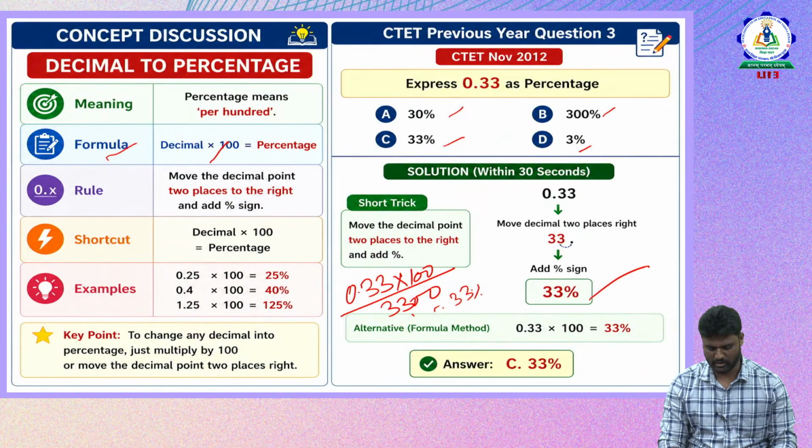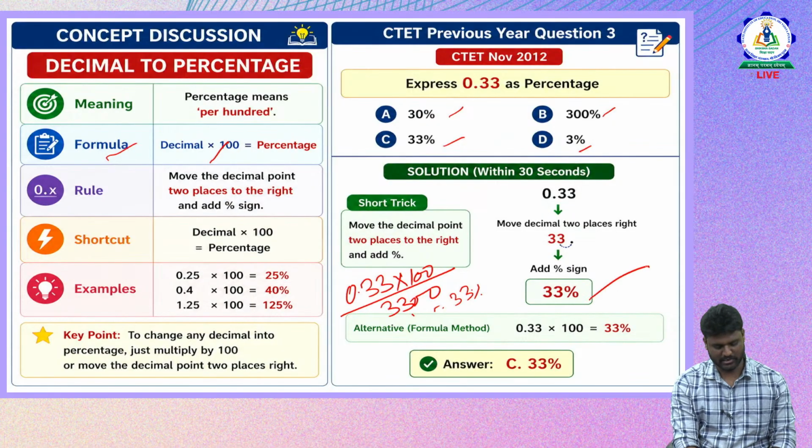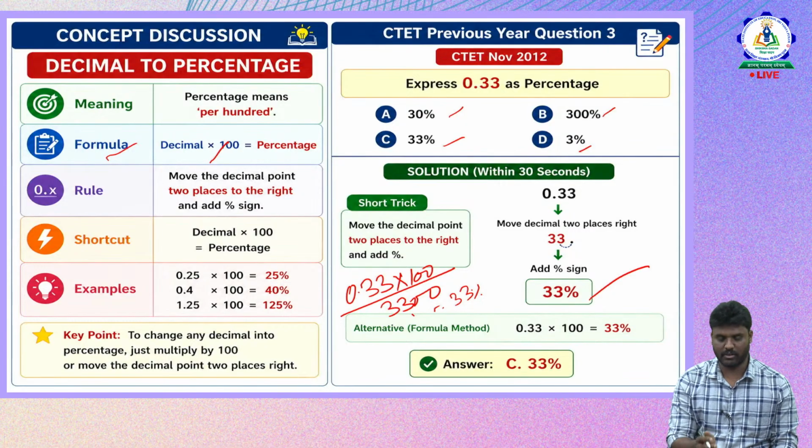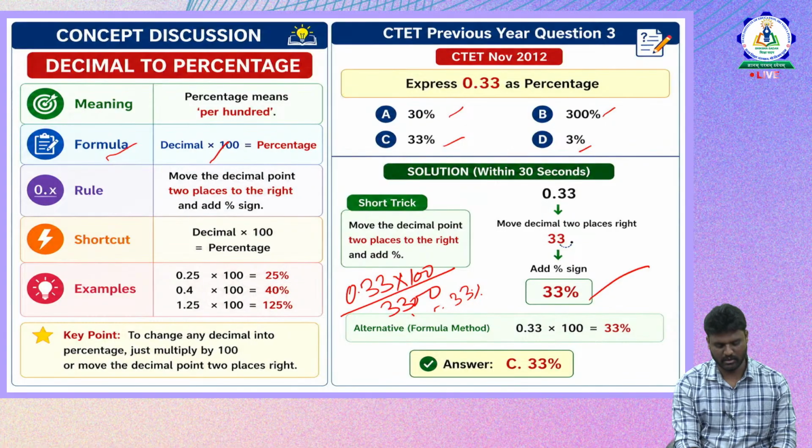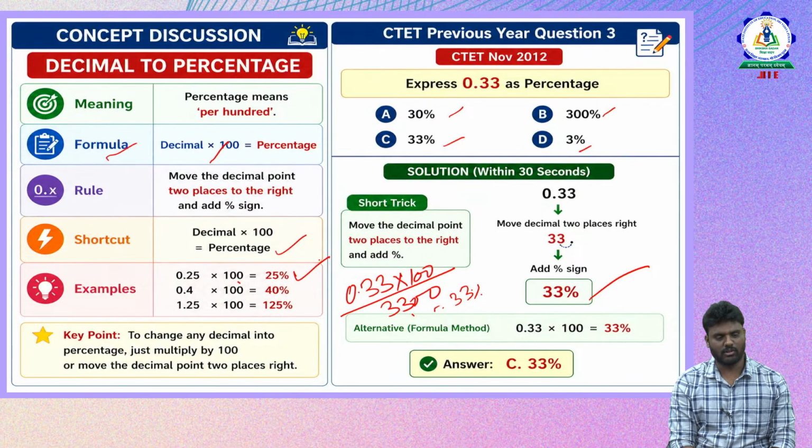Very easy one. Remember, whenever a decimal is given and we need to convert into a percentage, simply multiply the given decimal by 100, and we'll get the percentage. For example, 0.25 multiplied by 100 becomes 25%. Similarly, 0.4 multiplied by 100 becomes 40%.